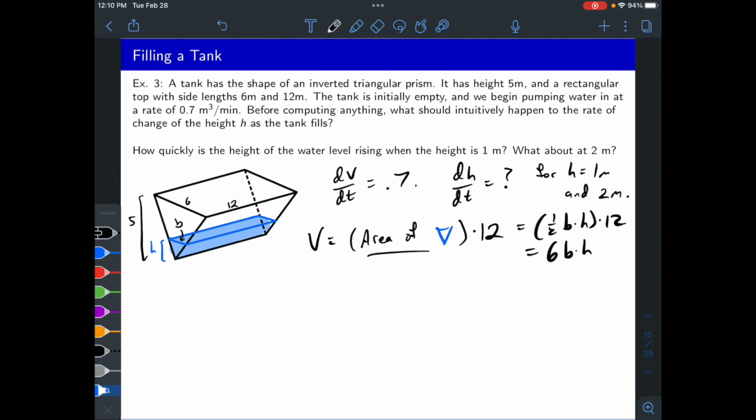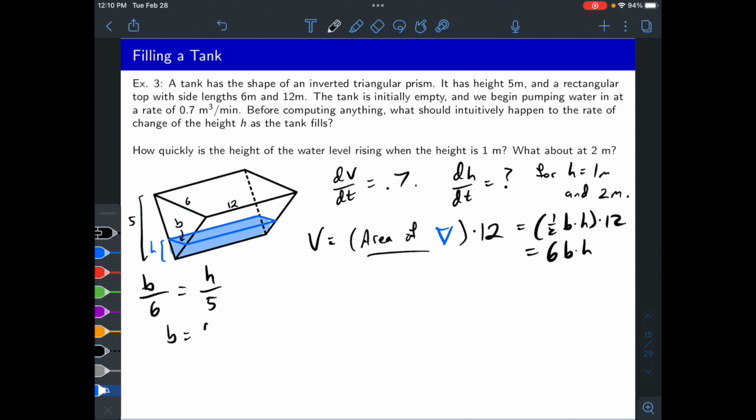One way would be, let's see, the base of the smaller triangle divided by the base of the larger triangle is equal to the height of the smaller triangle over the height of the larger triangle. So base over 6 is equal to height over 5.